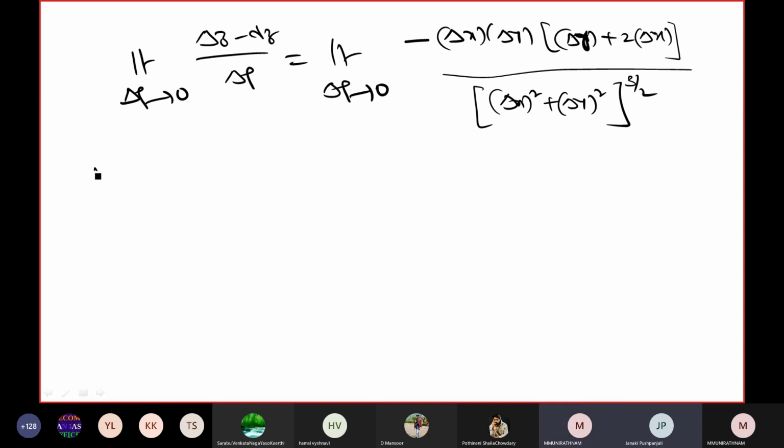Delta rho tends to 0 means 0, 0, so we can use the 2 path method. We can take y equal to mx.